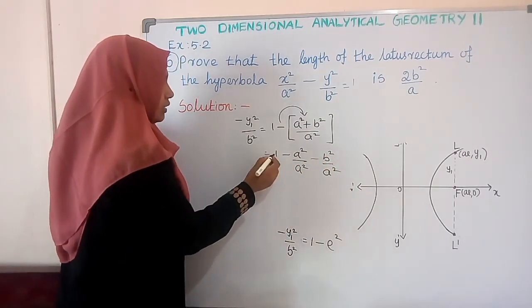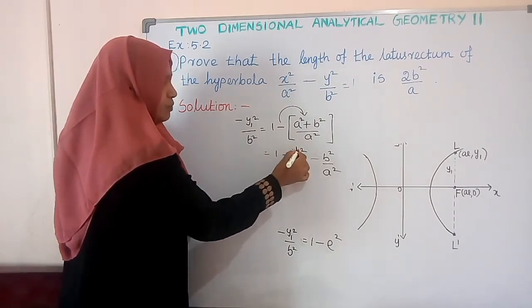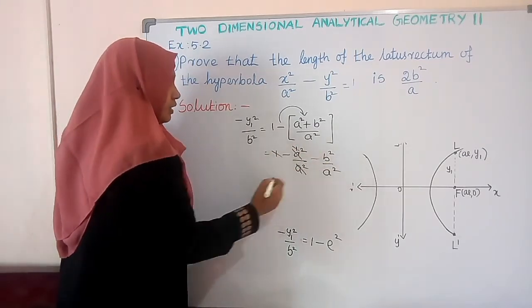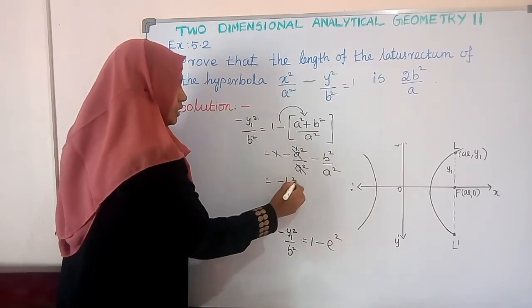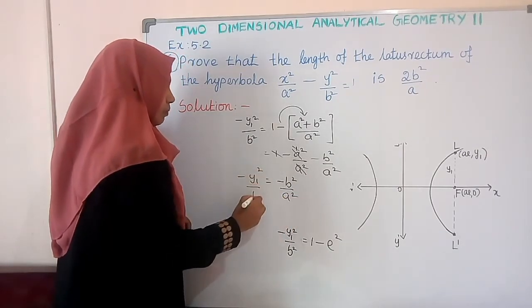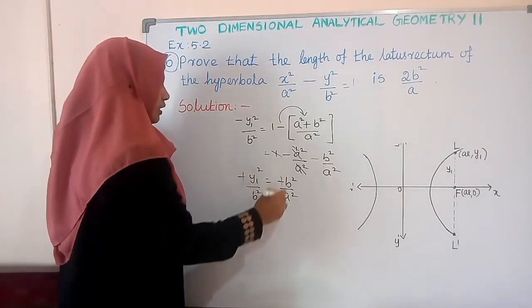Okay. So that this a square gets cancelled, it becomes 1. What is 1 minus 1? 0. So we have only this term, that is minus b square by a square, which is minus y1 square by b square. Okay. Now this minus also gets cancelled.